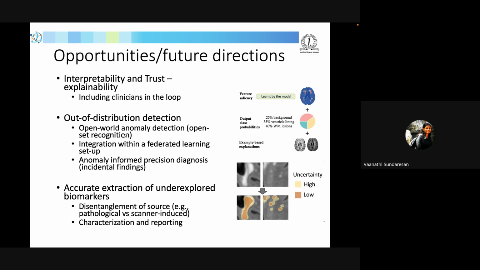And if you have such a framework within the federated learning setup, that could be a veritable source of data mining of any kind of disease lesion or any anomaly that can be present in the population pool, which can also be used for incidental findings. I think I explained what an incidental finding is earlier. So, accurate extraction of underexplored biomarkers.